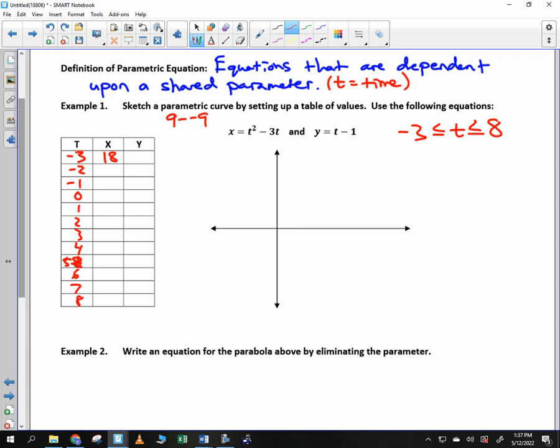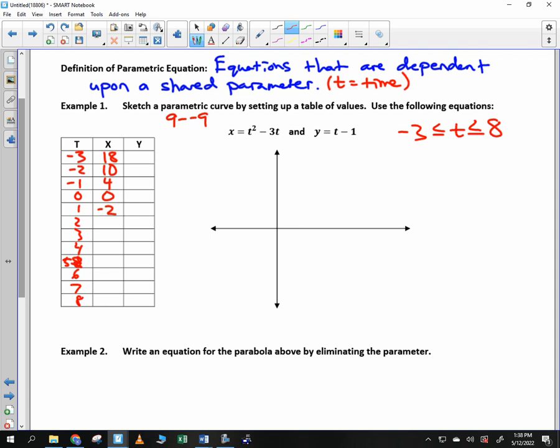Is it then going to be -6 or +6? +6, which is 10. -1 squared, 1. And then is it going to be +3 or -3? +3, which is 4. What do you get when you plug in 0? We get 0. And when I plug in 1? -2. Very good.